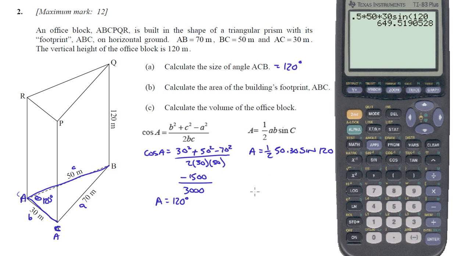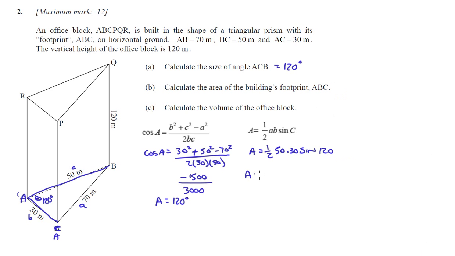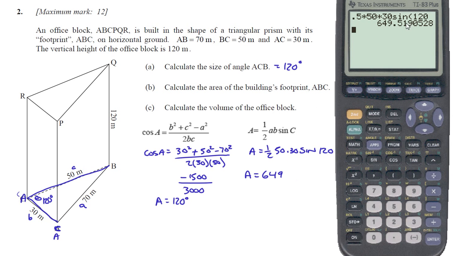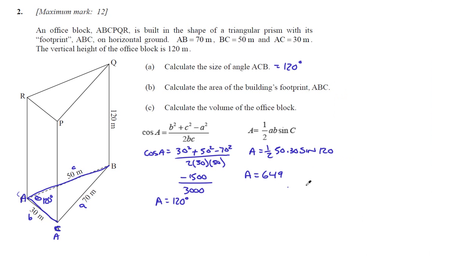I believe we'd be okay if we put area equals 649, but we'd have to round it to 650 if we're going to round to the nearest 3 significant digits, so let's do that. And you're definitely going to want to put your meters squared on here since it's area.